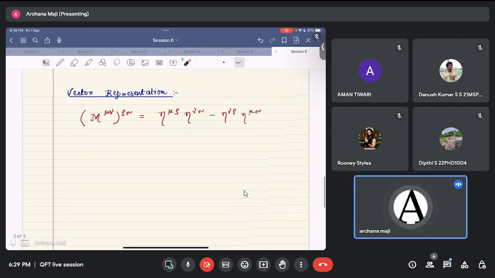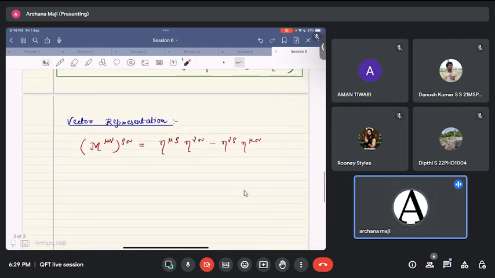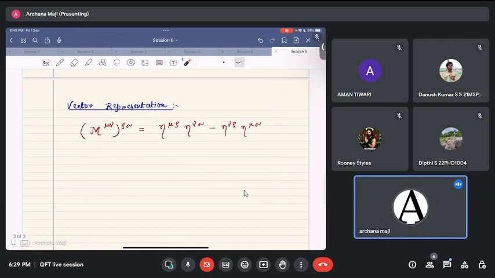Now some of you might get confused why there are so many indices. So this mu and nu will basically tell you that there are 6 such matrices, 6 such 4x4 matrices. Okay, and this rho sigma are basically denoting your row and column.